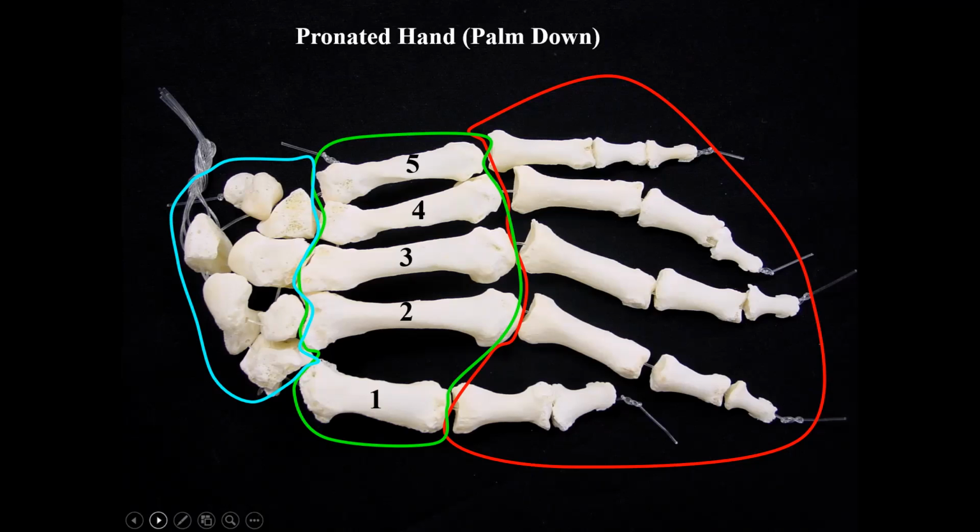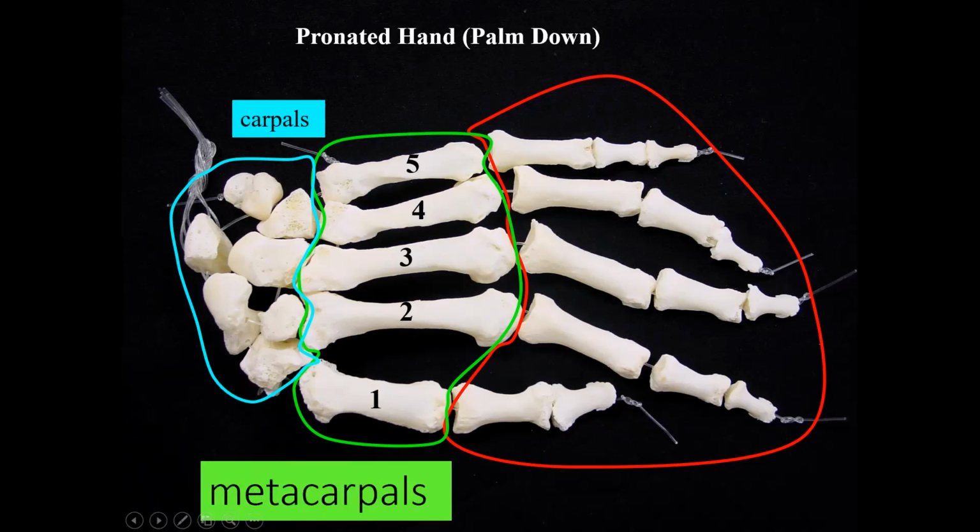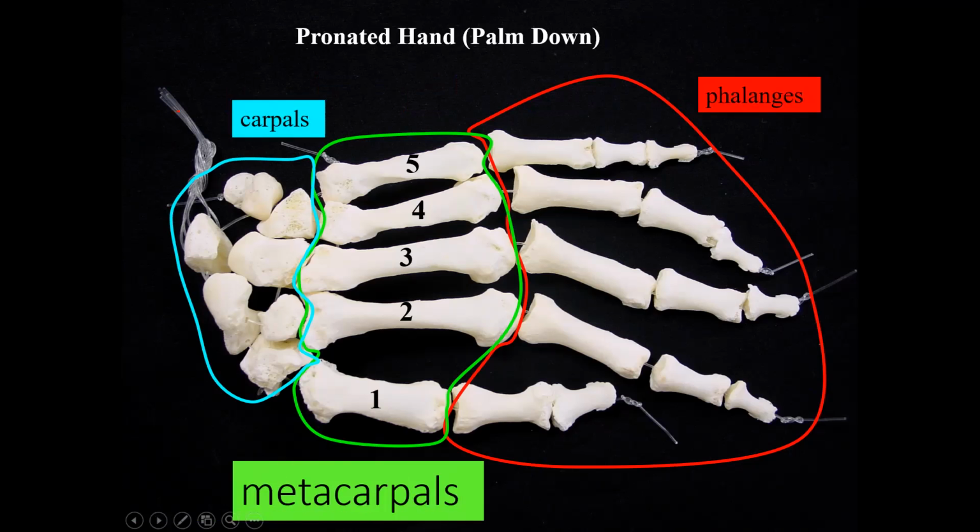The bones of the foot are called the metatarsals, and the important bones, I shouldn't say important, but they are the important bones, are the tarsal bones. So here we have carpal, metacarpal, and phalanges. In the foot, we have tarsal, metatarsal, and phalanges.